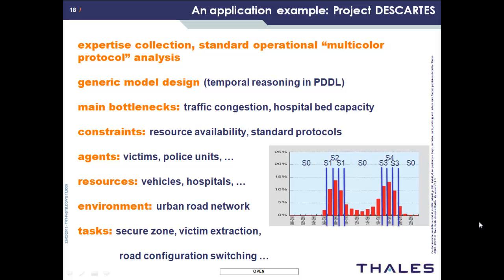The objects of the problem are the various resources at stake, whose role is explained by experts, whose expertise we collected and formalized using PDDL. The main bottlenecks are traffic congestions and hospital capacities, and the agents are victims and the police units, vehicles and hospitals, the environment being an urban road network, and the tasks at hand being victim extraction and protection, and move to secure zones.